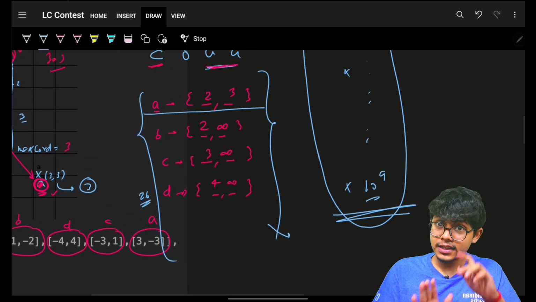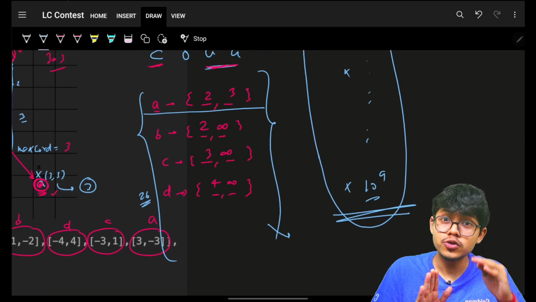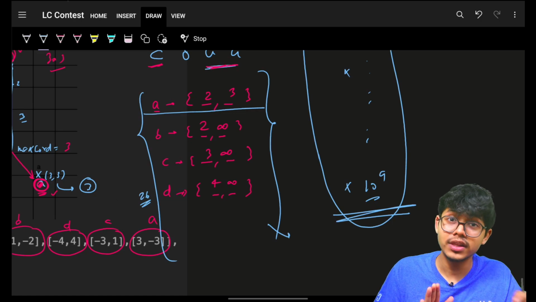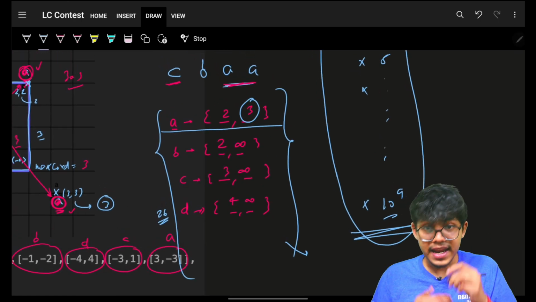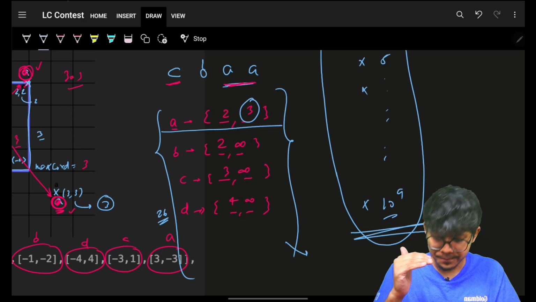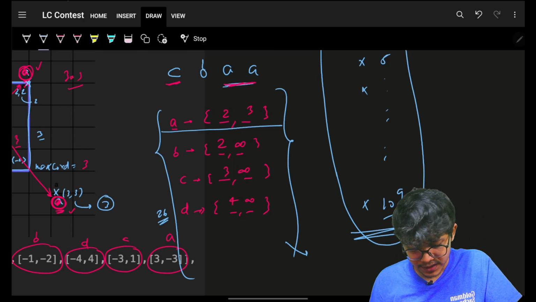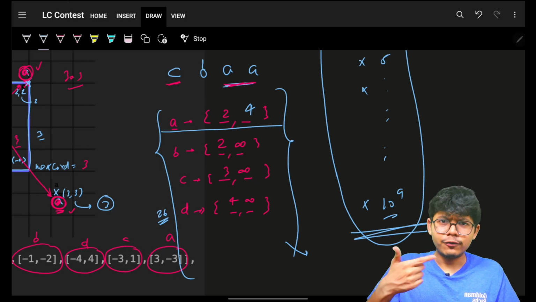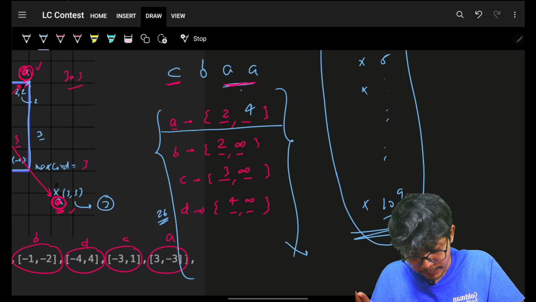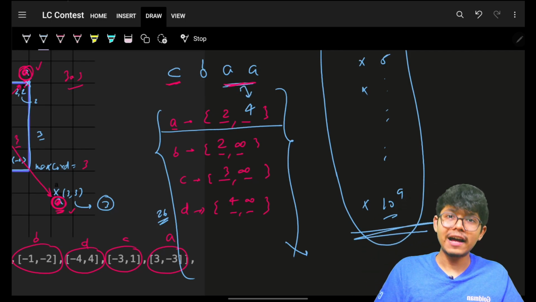Yeah, we can. Make sure we have seen so far 3 improvisations on the same problem. Now we realized that this next occurrence of A is the bottleneck. So what if this would have been 4, then it would have been very okay for me, because then 4 would have been the bottleneck.